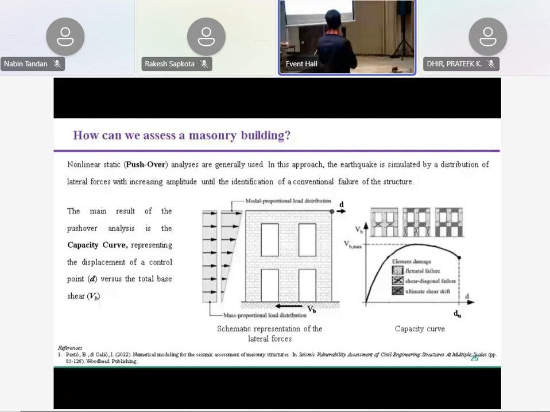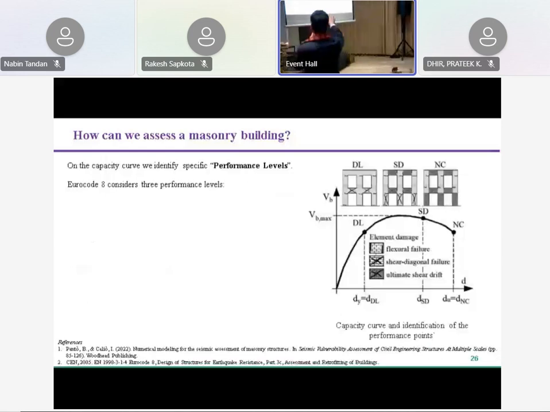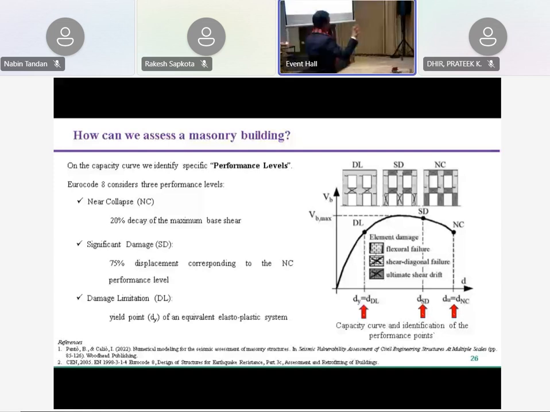And I'm going to go to the final part. Starting from the capacity curve, you can switch again. Okay. The capacity curve is our starting point for the structural assessment. Basically, following a specific code or specific guidelines, we identify what we call the performance levels, specific points of the structure on this capacity curve.